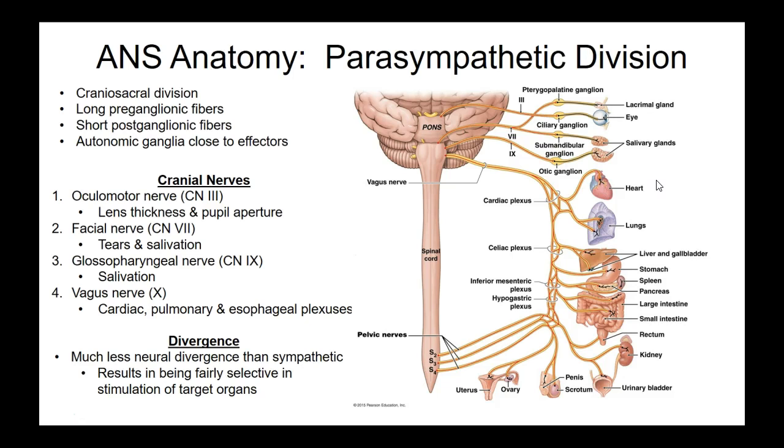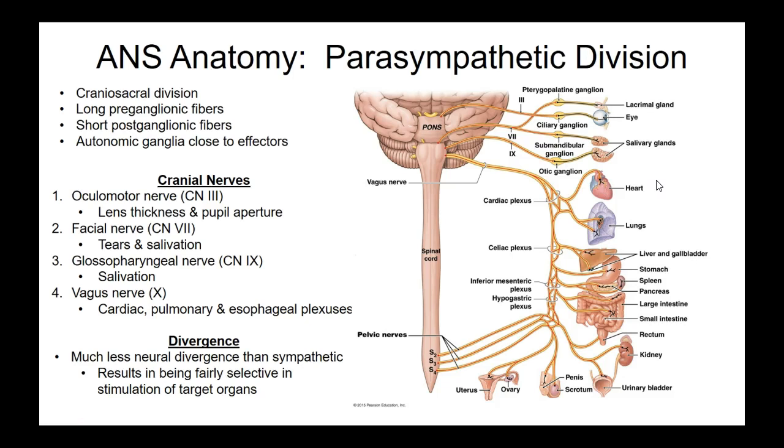Similar things happening here. So here we have plexuses, right? And you don't necessarily have to know these, but plexuses that are innervating structures that are kind of anatomically in the same geographical area, like heart and lungs, for instance. Stomach, spleen, pancreas, large intestine, small intestine, right?